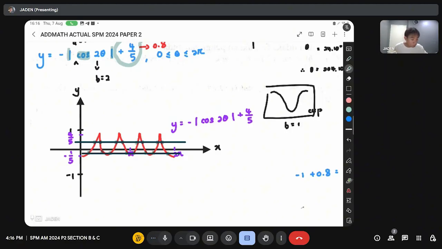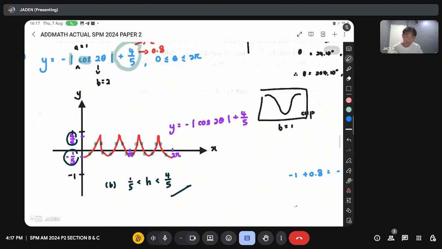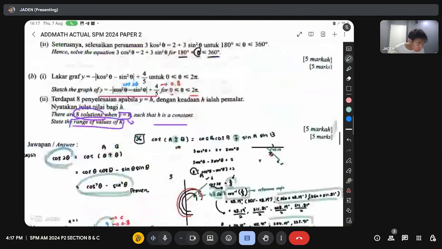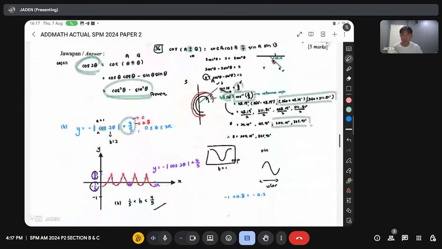So that means whenever I draw a straight line that is in between negative 1 over 5 and 4 over 5, I will get its solutions. So my answer for B will be negative 1 over 5 less than h less than 4 over 5. And that will be your answer for the entire Form 5 Chapter 6 question. How many marks are there? In total, 10 marks.